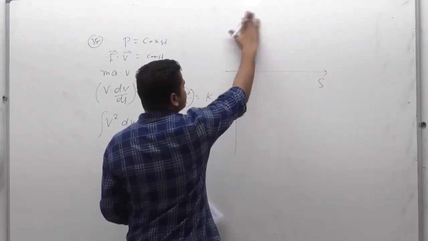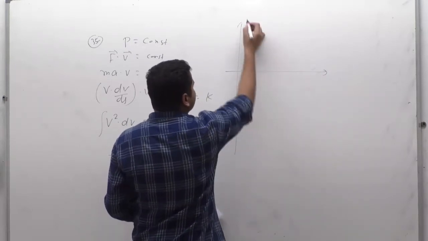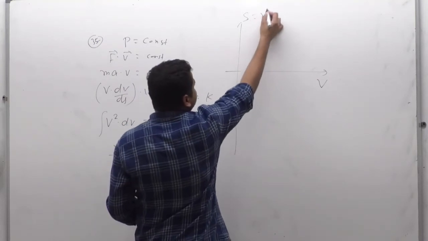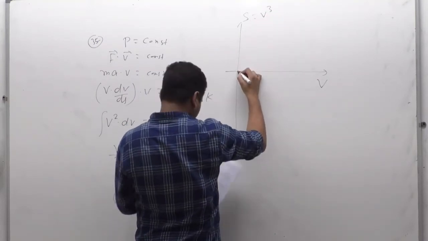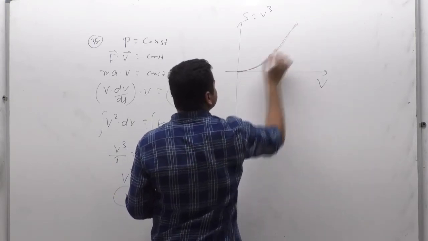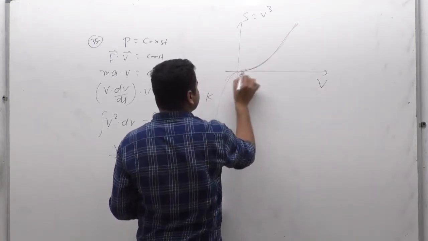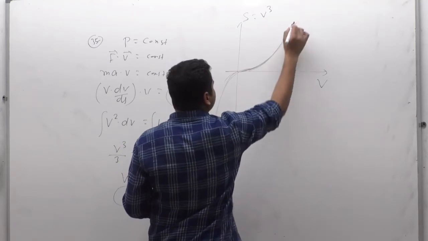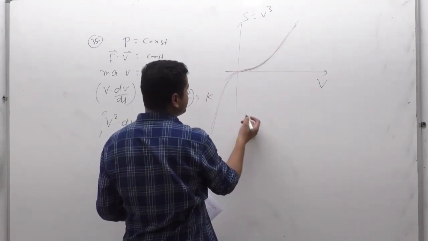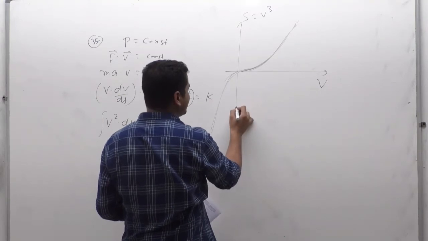First of all, try to draw the graph of displacement versus velocity. The graph will look like this because this is a cubic equation. This is the graph of a cubic equation. But we have to plot the graph of velocity versus displacement.